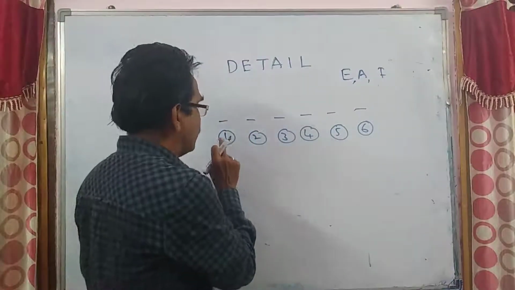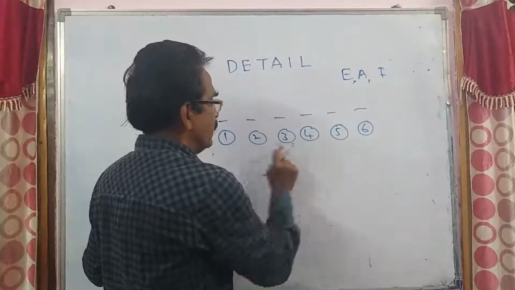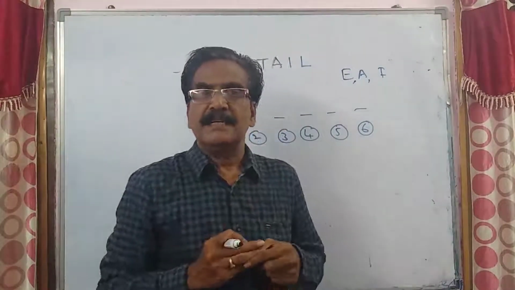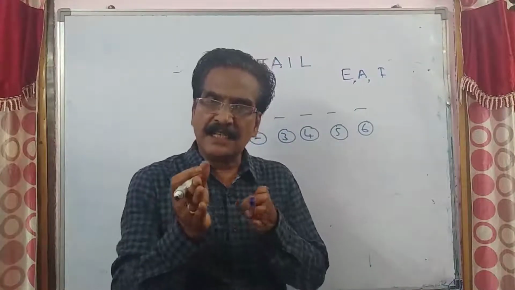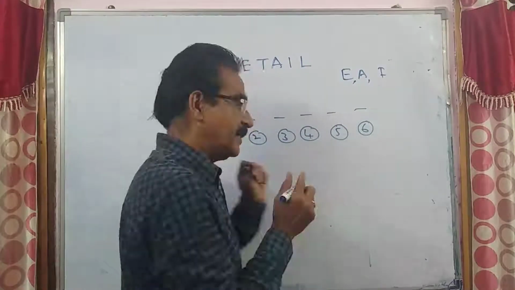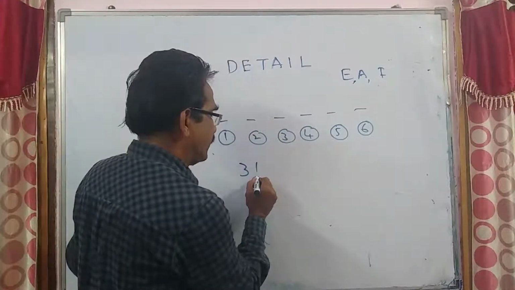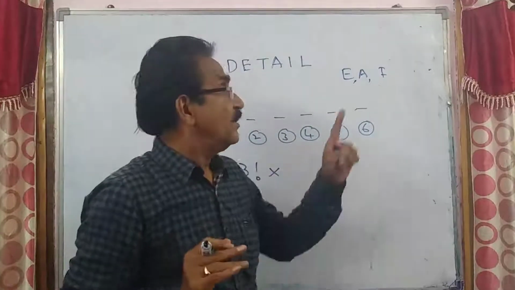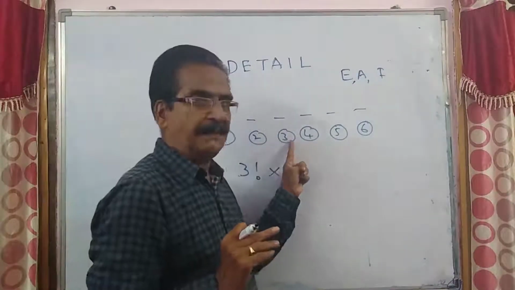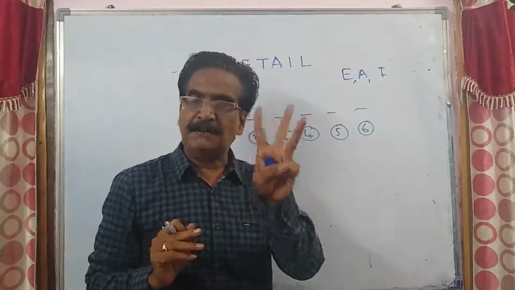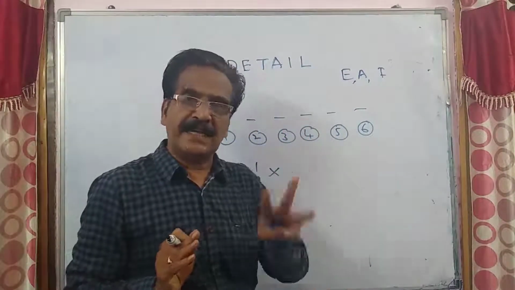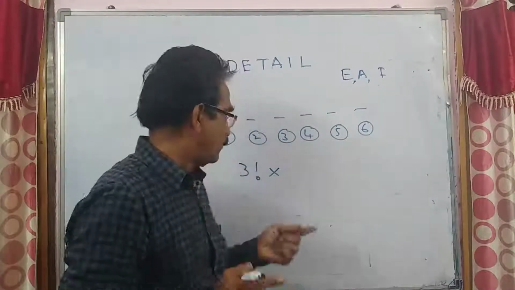How many odd places are there? 1, 2, 3: first place, third place, fifth place. So we have to arrange these 3 vowels in these 3 odd places. 3 letters can be arranged in these 3 places in 3 factorial ways.